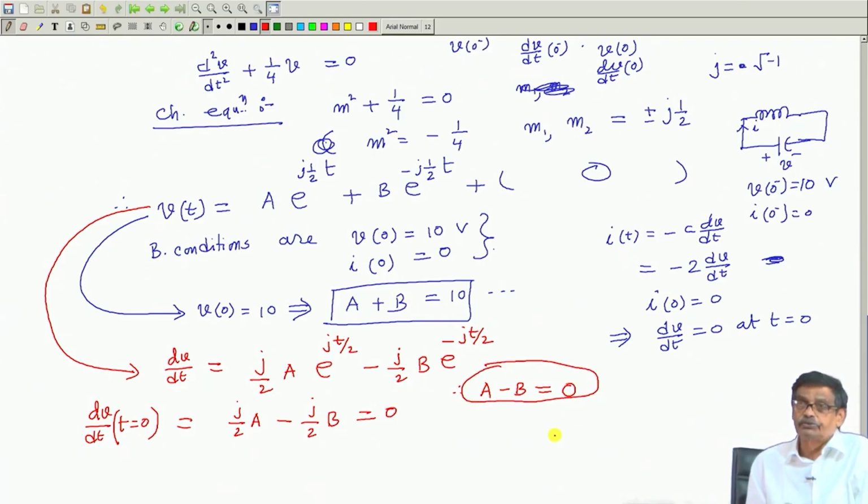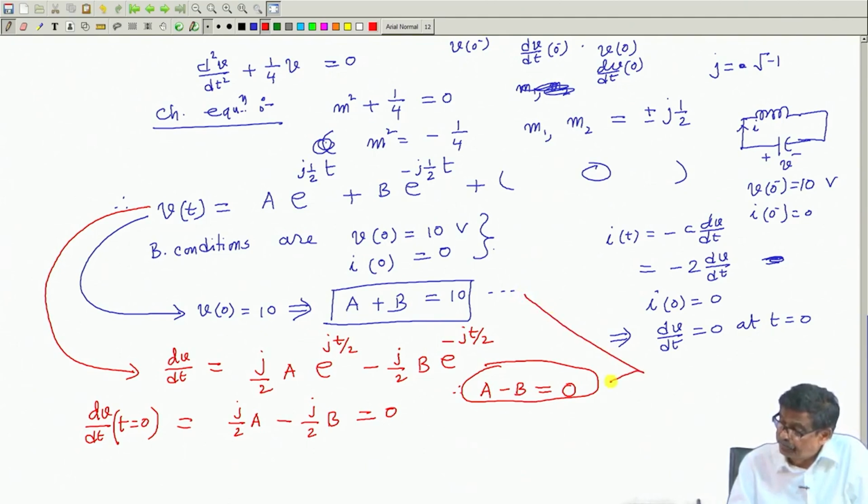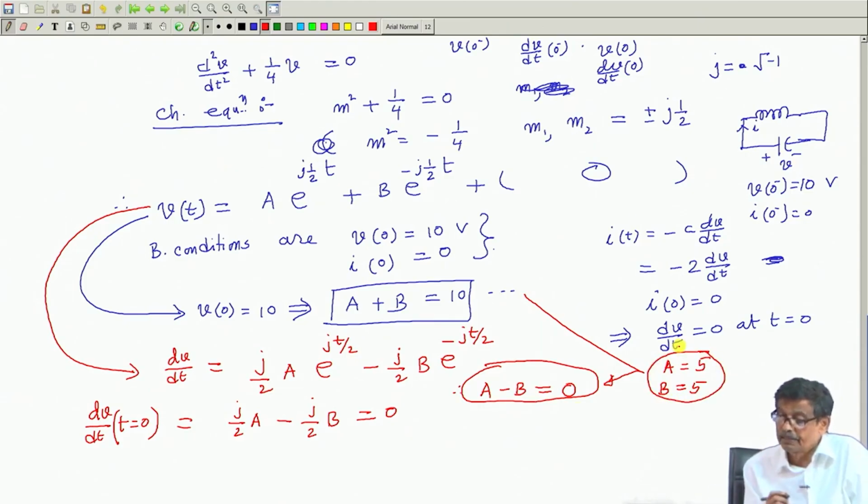So, you have got these two equations. Therefore, add these two equations, and from these two equations you will get A is equal to 5 and B is also equal to 5, because A equal to B. So, these are the two constants you have got and you have almost solved the problem.